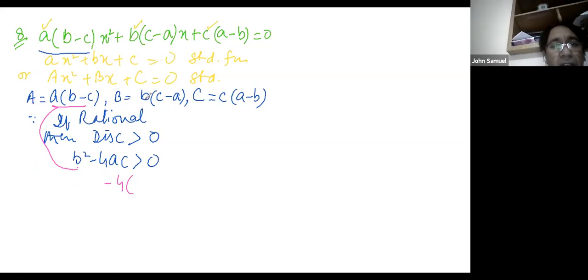B you will take from here: b c minus a, after closing you will put the whole square here, minus 4 as it is. A is what? Again you will use the square bracket since two factors are here.